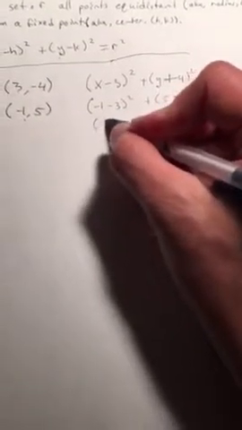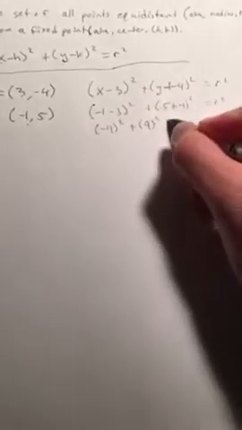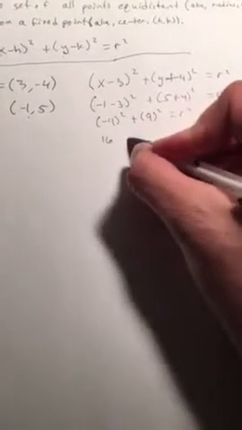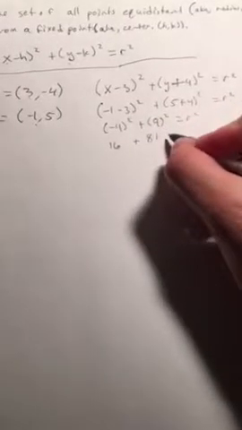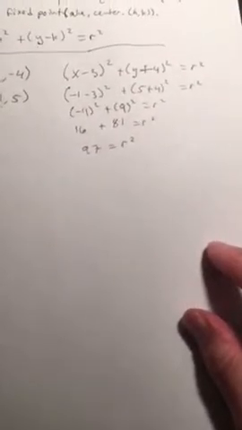That is equivalent to r squared. So we simplify: negative 4 squared plus 9 squared equals r squared. Negative 4 squared is 16. 9 squared is 81. 81 plus 16 is 97. And that gives us r squared.